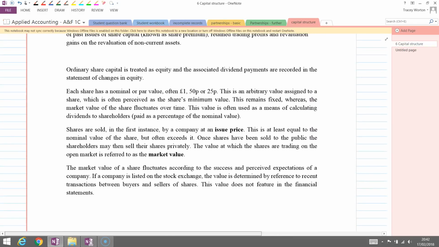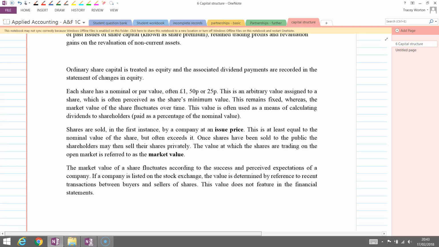Ordinary share capital is treated as equity and the associated dividend payments are recorded in a statement called the Statement of Changes in Equity. They are not an expense of the business. Each share has a nominal or par value, often £1, 50p, 25p. However, this is arbitrary and is assigned to a share when it is actually issued.